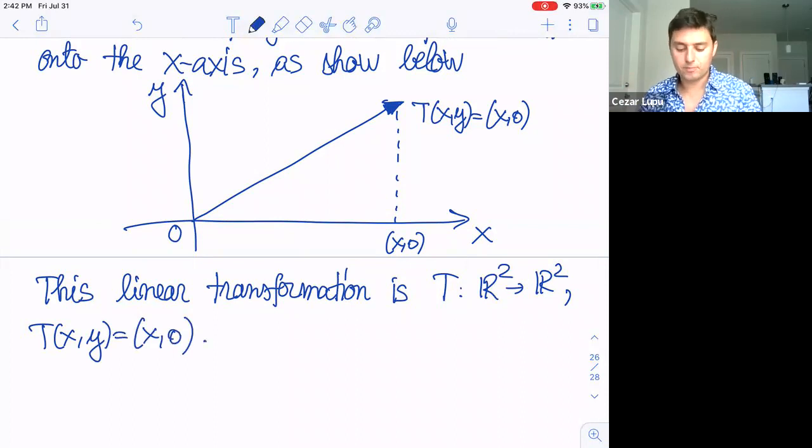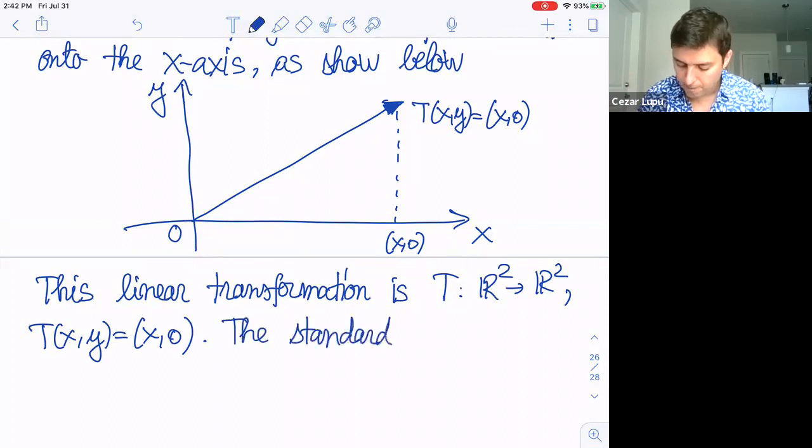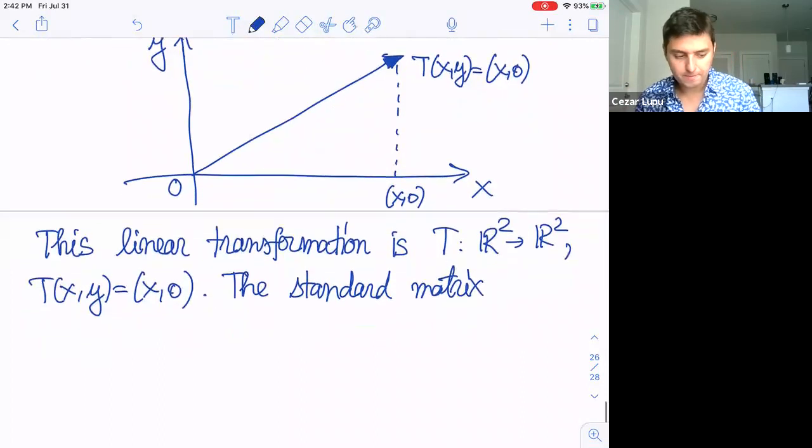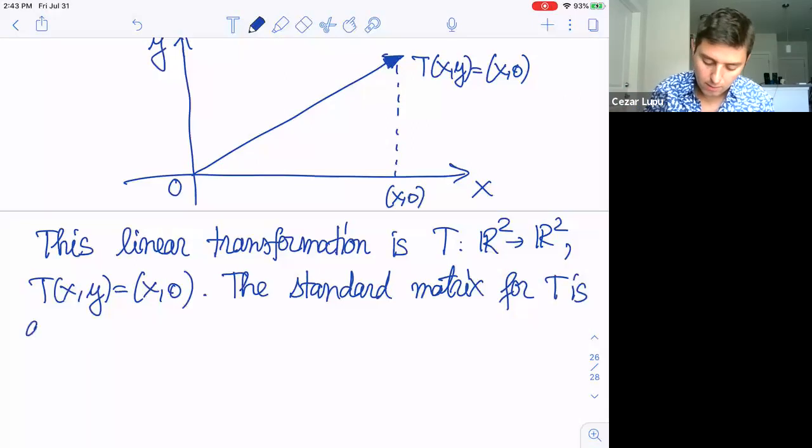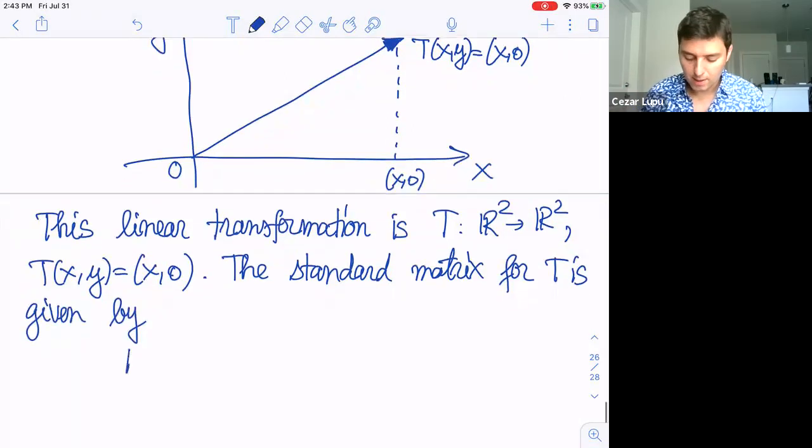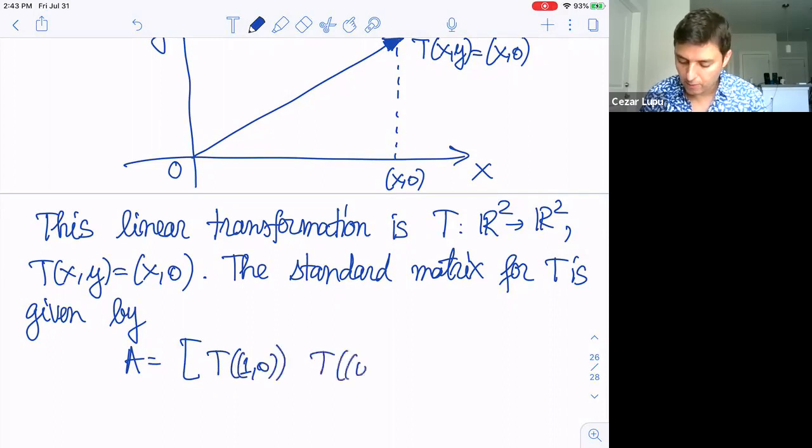Clearly, the standard matrix for T is given by A. So A will be T of 1, 0 and T of 0, 1.